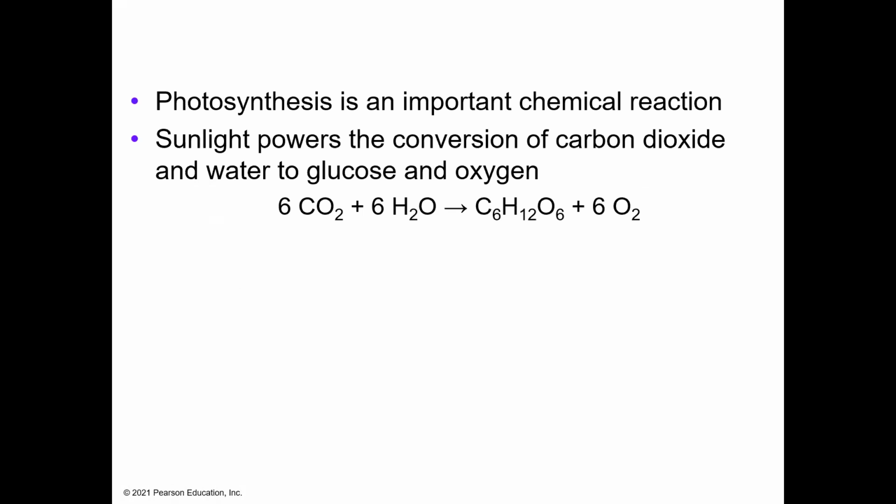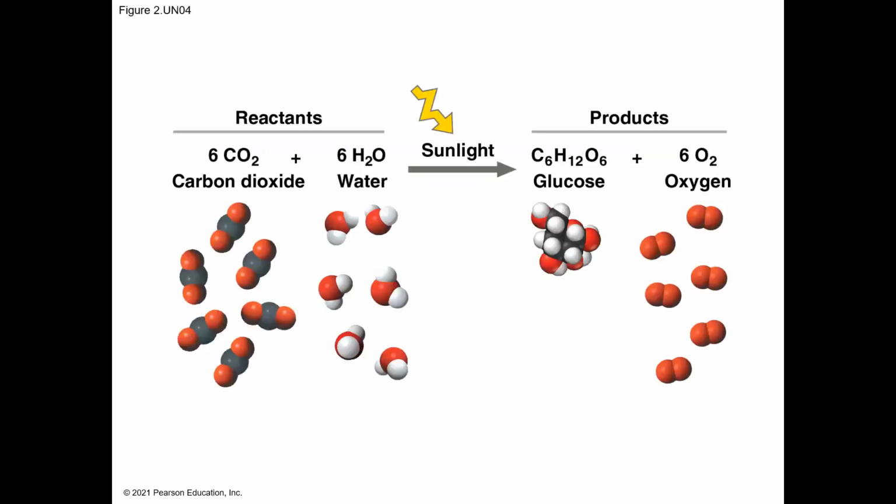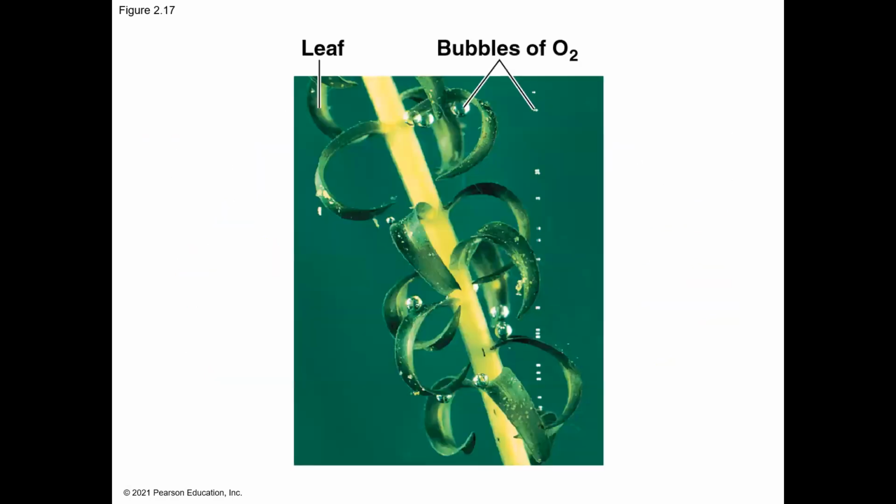While you're not required to know this equation right now, we will come back to photosynthesis later in the semester. This just shows how several complex molecules can produce unique products. And this is just showing you photosynthesis happening. The little bubbles are created underwater.